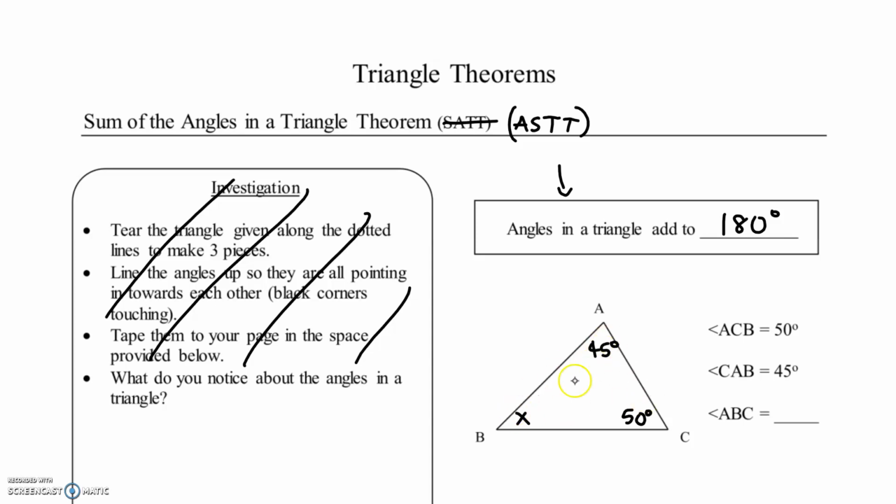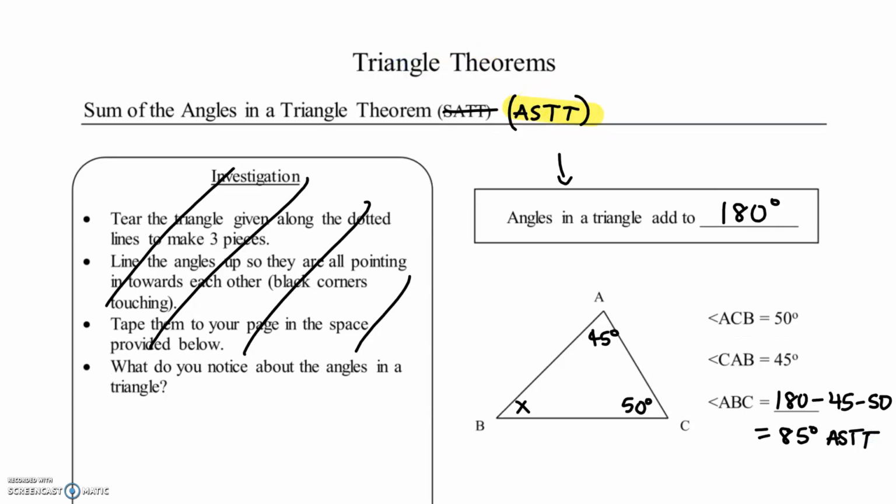Since we know all three angles have to add up to 180, we simply take 180, subtract 45, subtract 50, and that will give us our angle. So 180 minus 50 minus 45 is going to give us 85 degrees. And we know that from ASTT. Let's go ahead and highlight that theorem. Good.